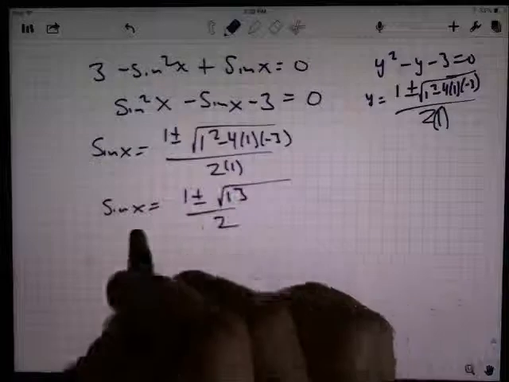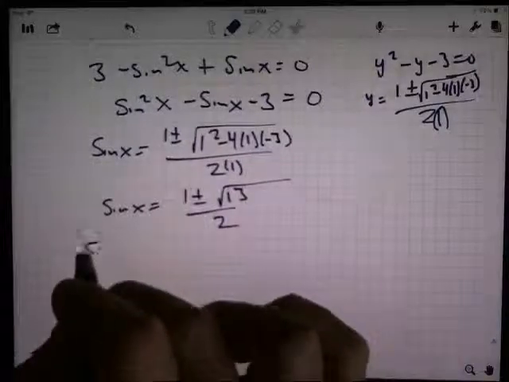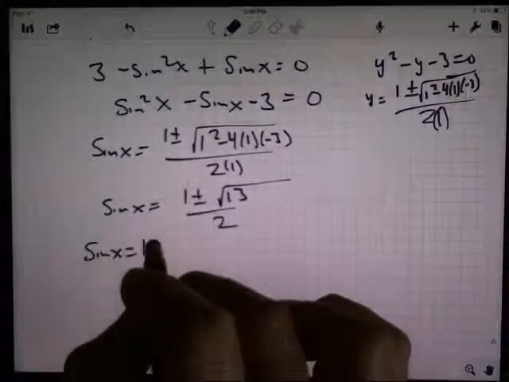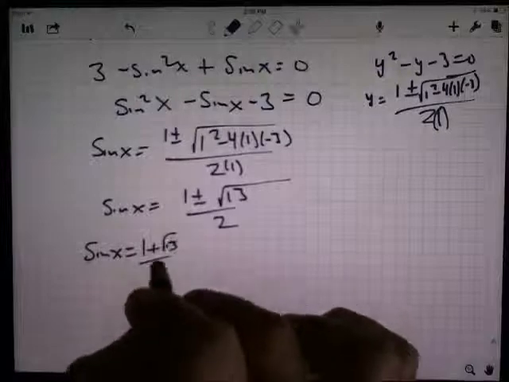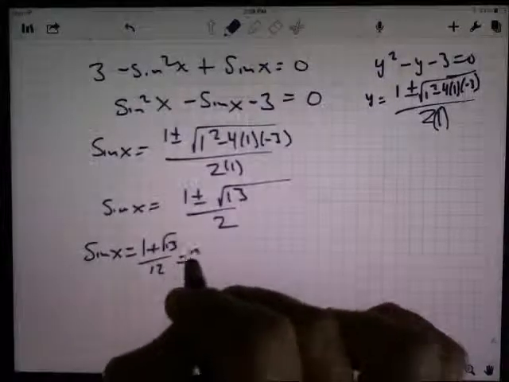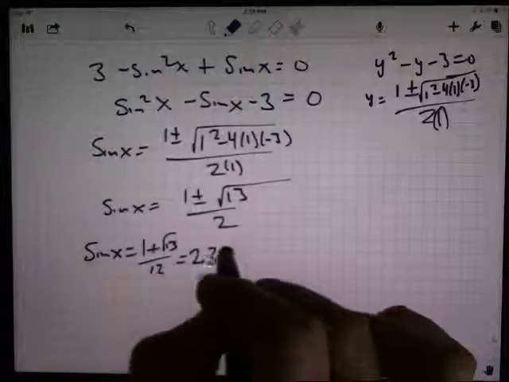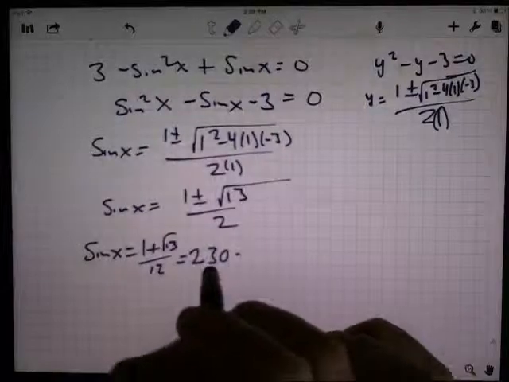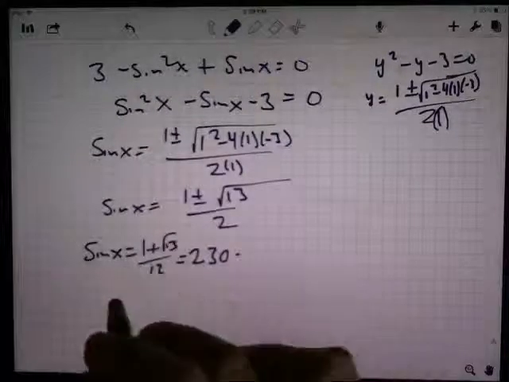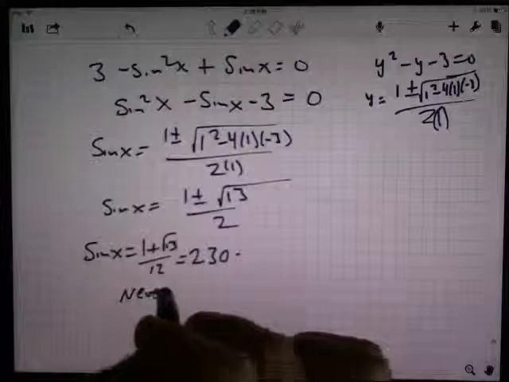So if I do 1 plus the square root of 13 over 2, that's equal to 2.30 something. And as soon as I saw the 2 point, it's like, oh, this is never going to happen. No solutions out of that.